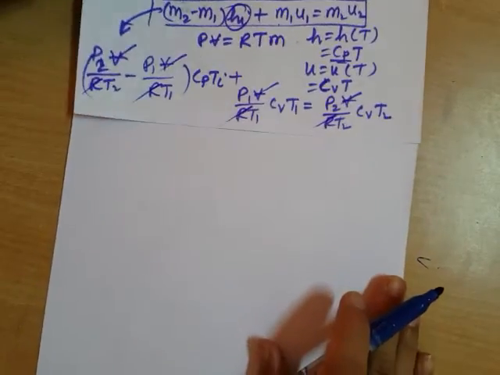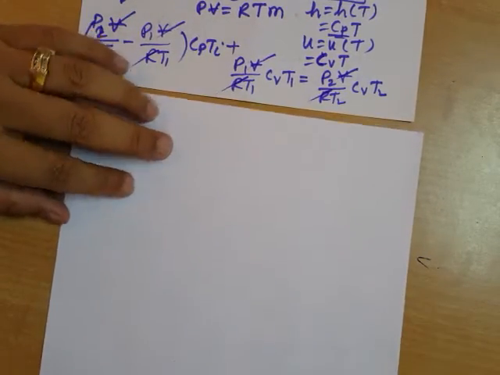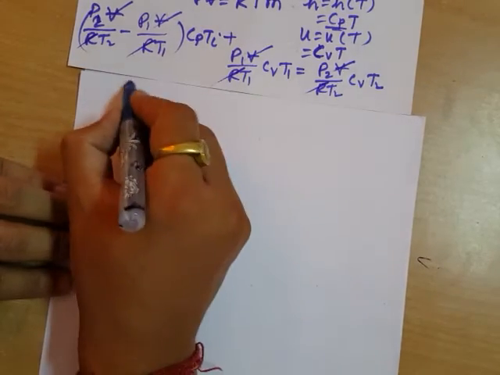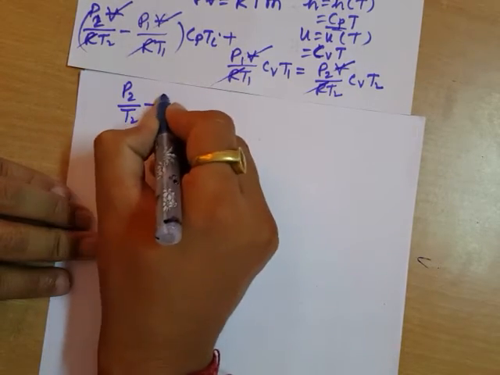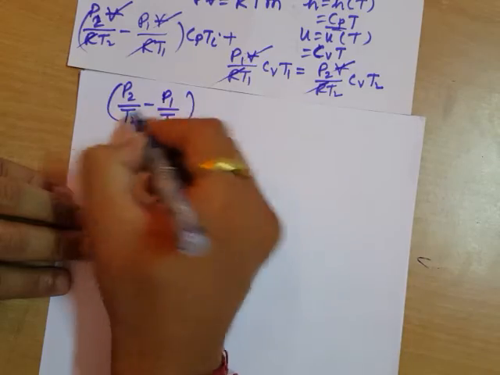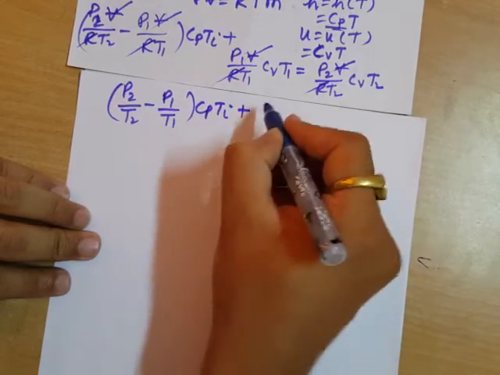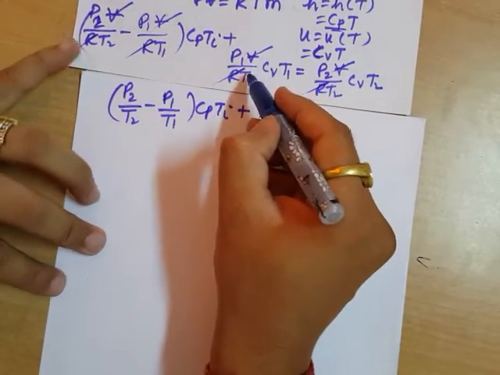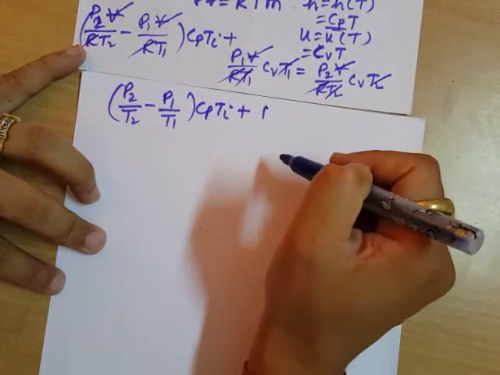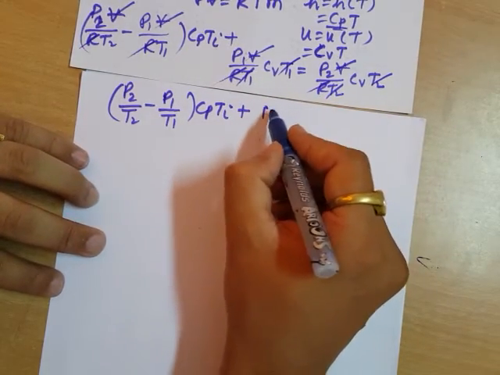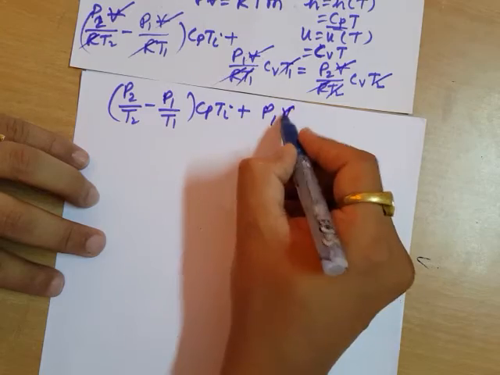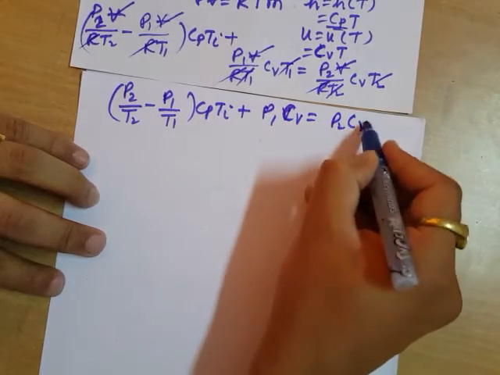So we will get this: P2 by T2 minus P1 by T1 into Cp Ti, and this T1 will also get cancelled out, this T2 will also get cancelled out. So we will get P1 Cv is equal to P2 Cv.